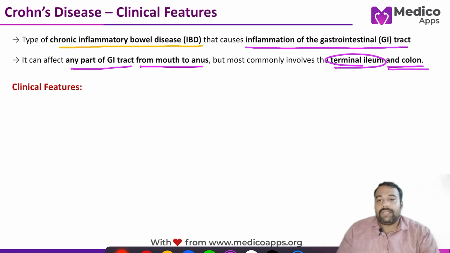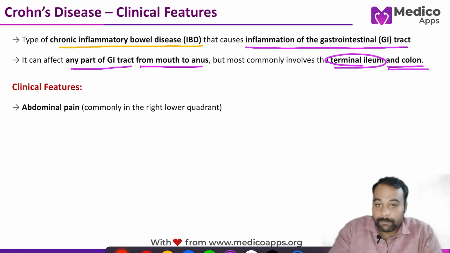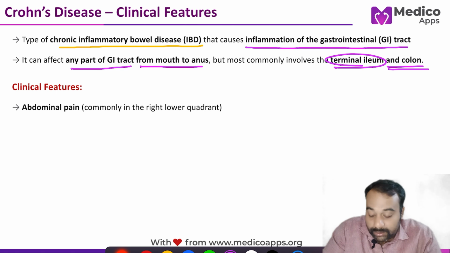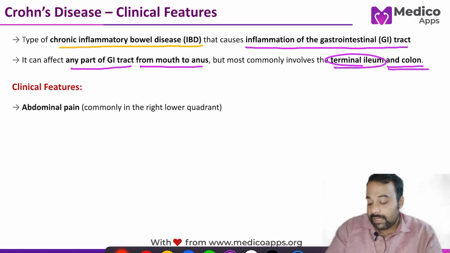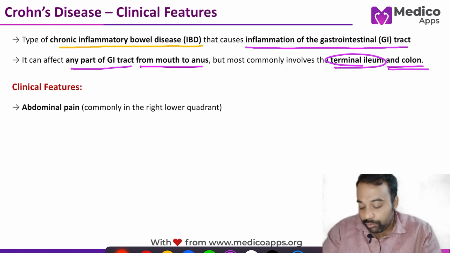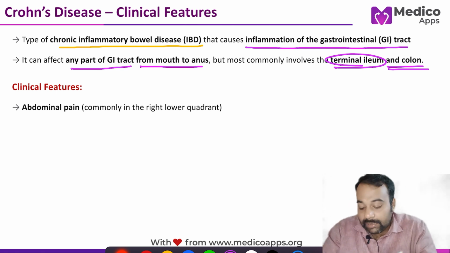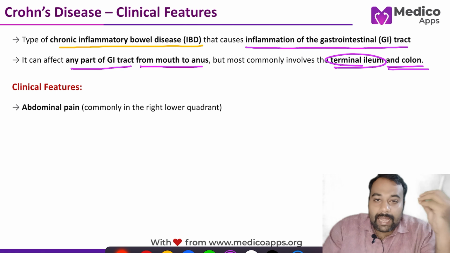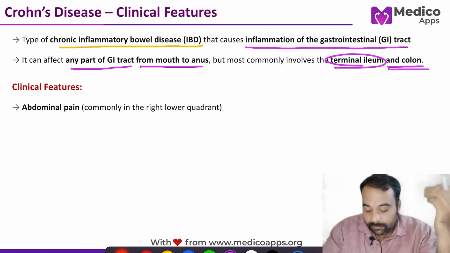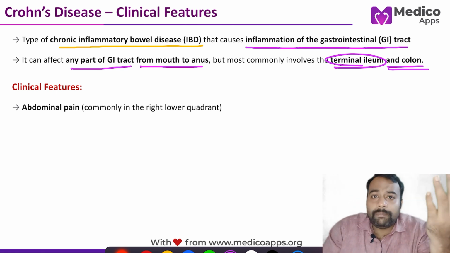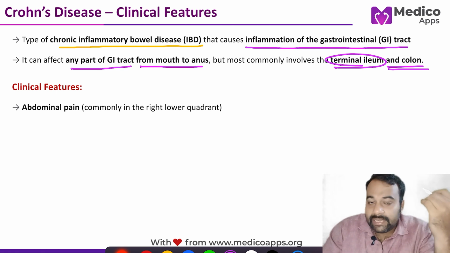Here you need to understand the clinical features as well. A patient with Crohn's disease may present with abdominal pain, typically in the right lower quadrant, which can also mimic appendicitis in some cases.